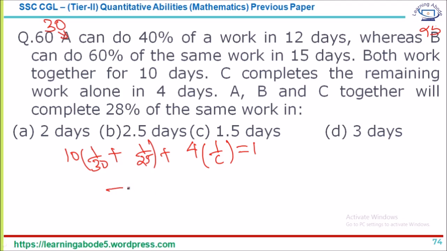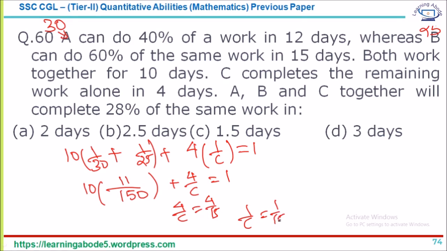So this is like 11 by 150 for 10 days, and then 4 by C is equal to 4 by 15. So 1 by C equals 1 by 15, so C can finish the task in 15 days.